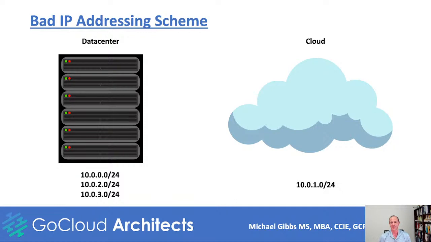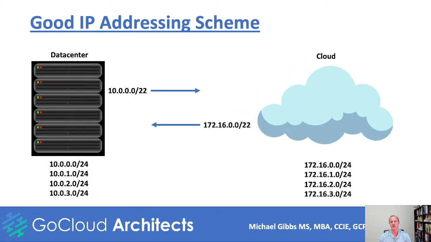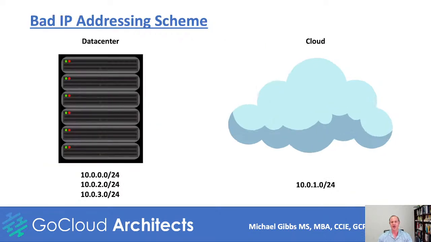The problem is we can't aggregate or summarize all these routes like we did in this environment, because if we tell the whole world, I have 10.0.0, 10.0.1, 10.0.2, and 10.0.3, but we don't really own 10.0.1 because it's sitting somewhere else, we're going to tell the whole world, reach me for a subnet that doesn't exist.